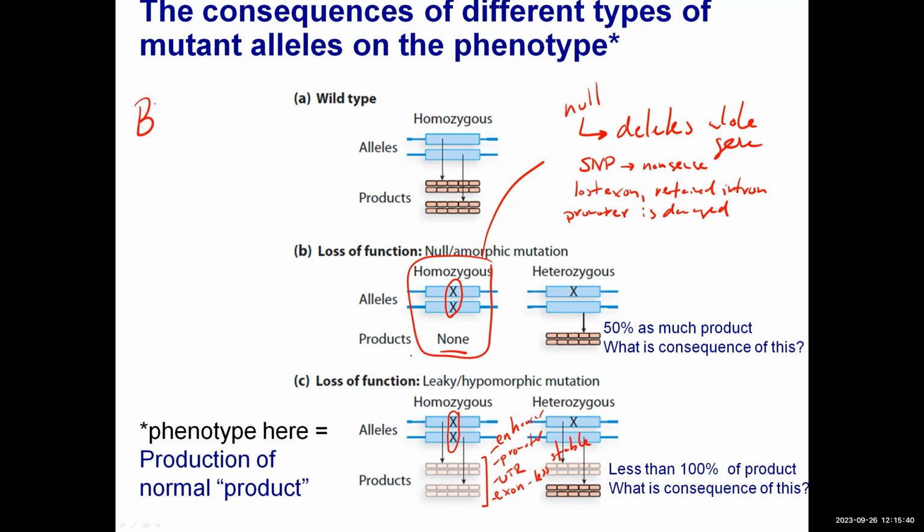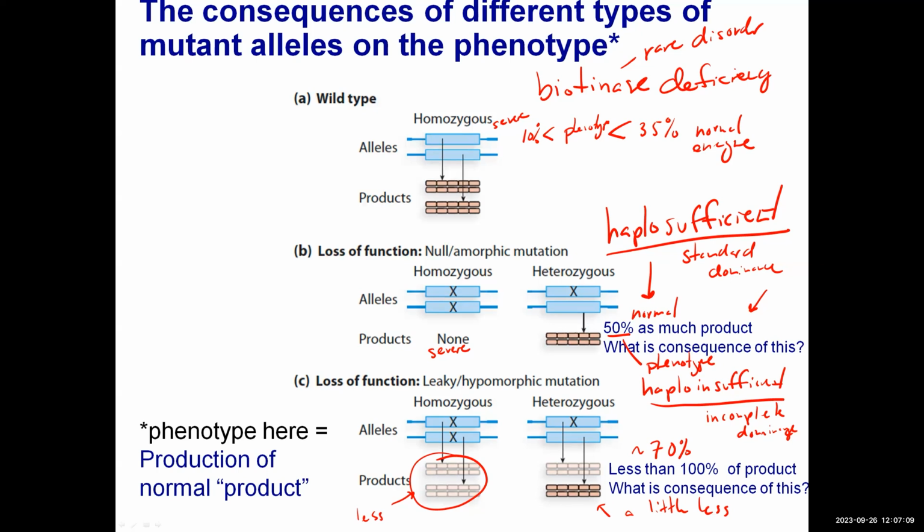So whether or not this looks normal or this has a phenotype. If it has a phenotype, if it's intermediate, which is often, then this is incomplete dominance.